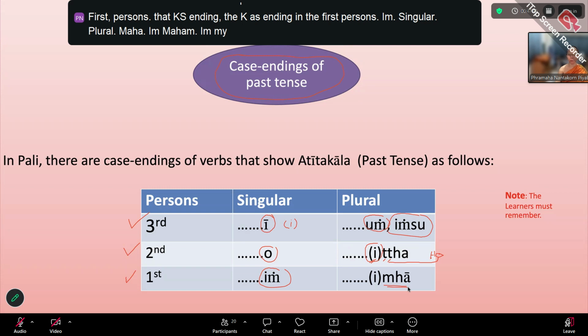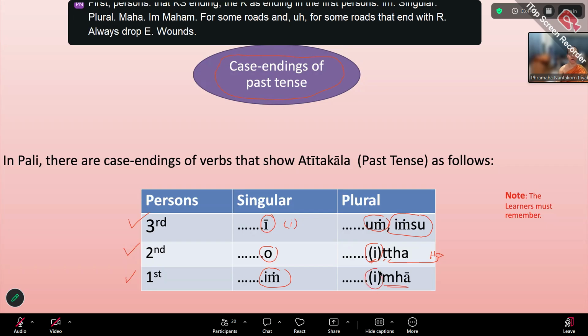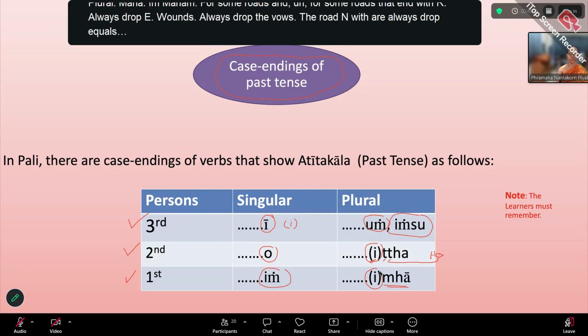For some roots, the root always drops the vowel. The root ending with o cannot.